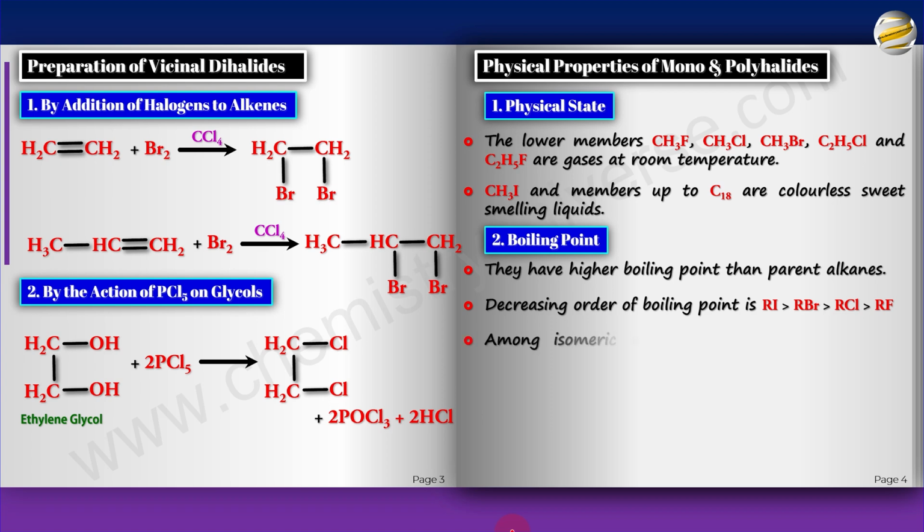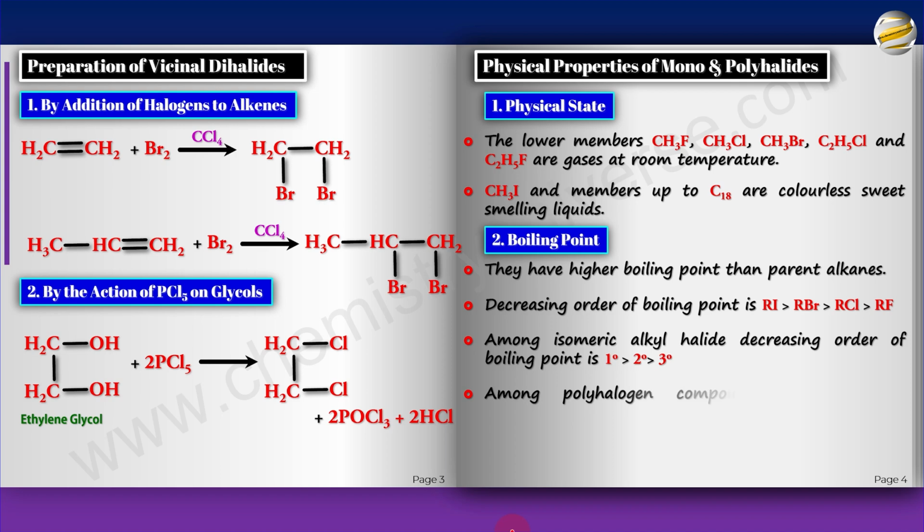Among isomeric, we know that more branching, you will get less boiling point. So primary, secondary, tertiary. And among different polyhalogen compounds, more is the molecular mass, more would be the boiling point, which is why CCl4 has the highest boiling point compared to this, despite the fact that its dipole moment is 0 and the dipole moment of this is very high.